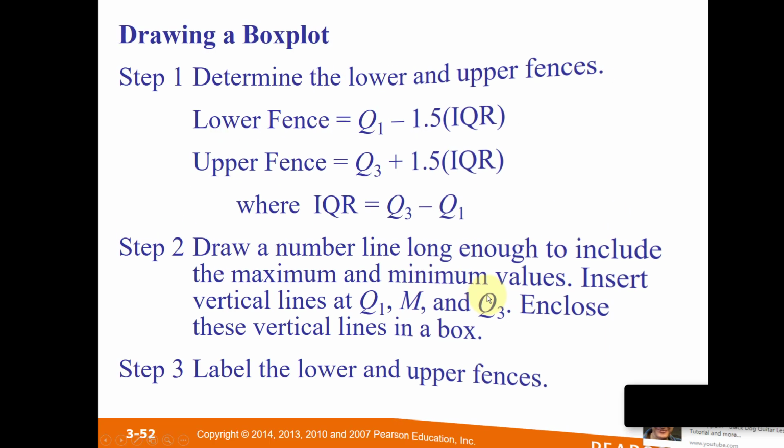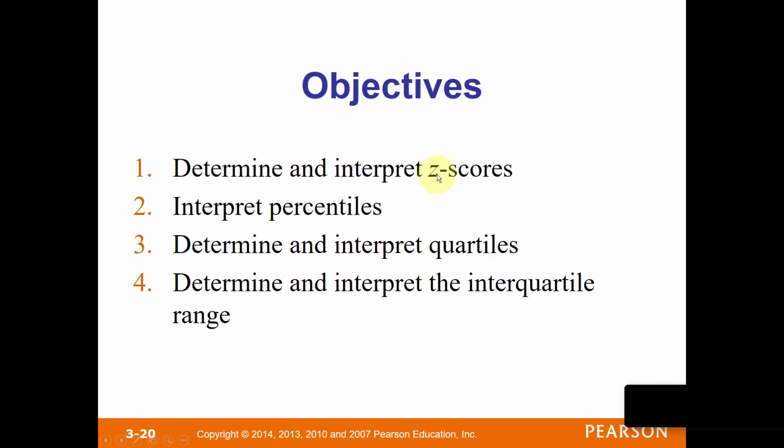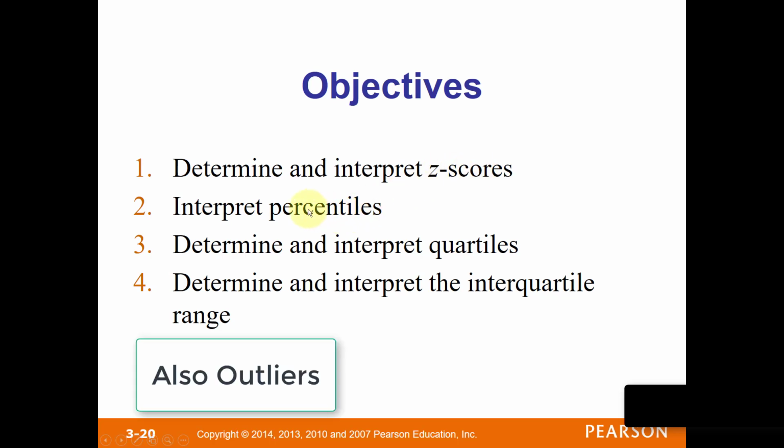So to review, what are z-scores? They measure how many standard deviations we are above or below the mean. What are percentiles? They divide the number line up into 100 pieces, and if you're at the 78th percentile, that means 78% of the data falls below that mark. What are quartiles? They divide the number line into 25%, 25%, 25%, and 25%.